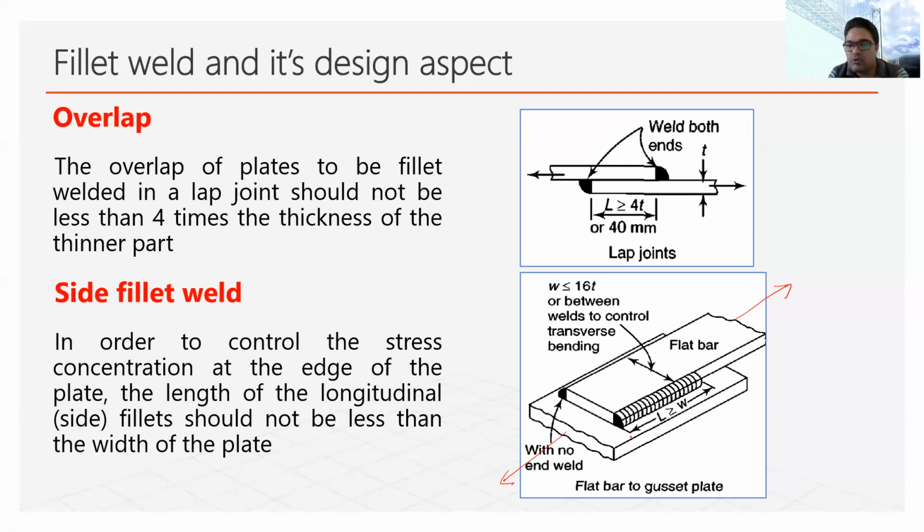If we are doing welding along the direction of the force, or parallel to the force, then that is called longitudinal welding. If we do welding along this line, where the length of welding is perpendicular to the direction of force, then that welding is called transverse welding.